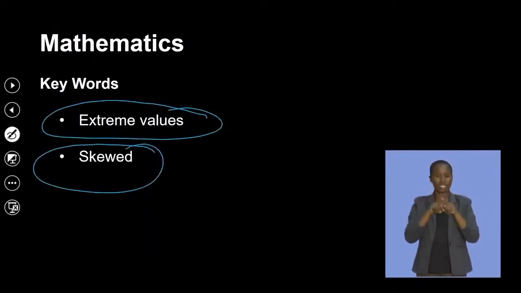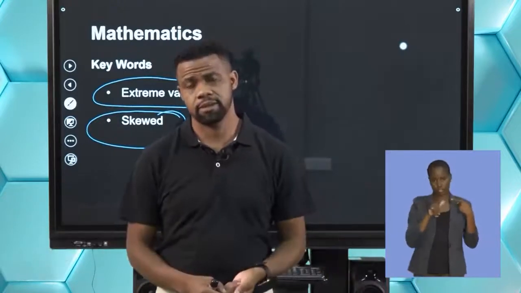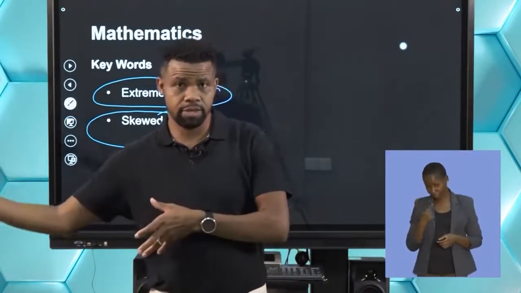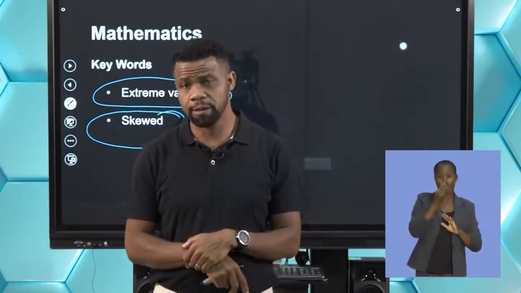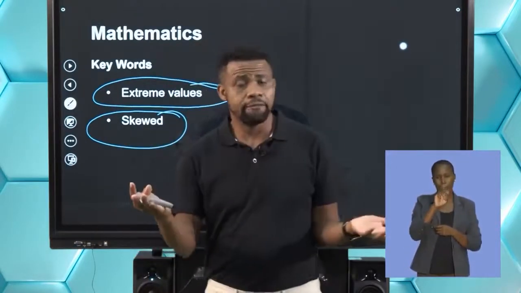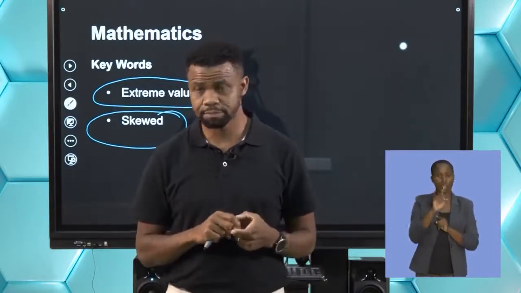Then we'll look at some keywords: extreme value and skewed. Extreme values are the highest or the lowest value in a set of data. Be together. This can be the maximum or the minimum. Those are the extreme values. They can affect your average, which is the same as the mean.